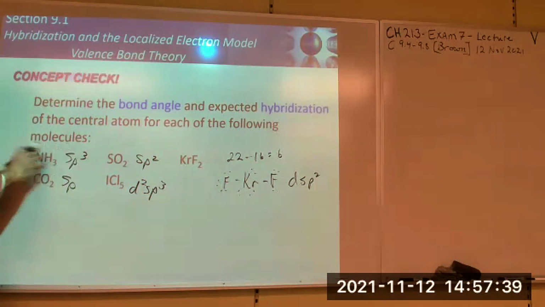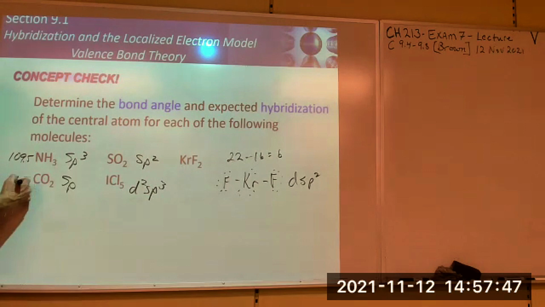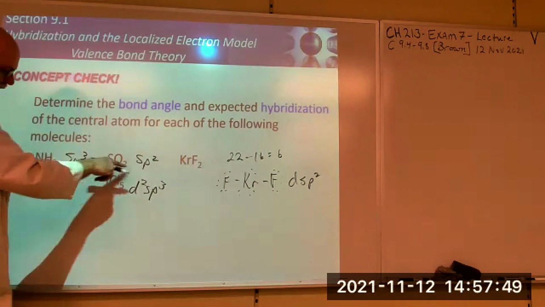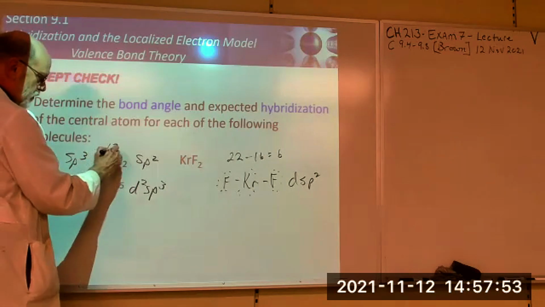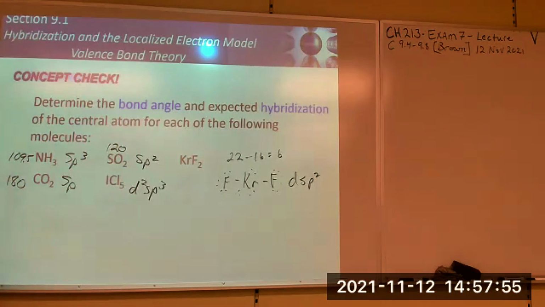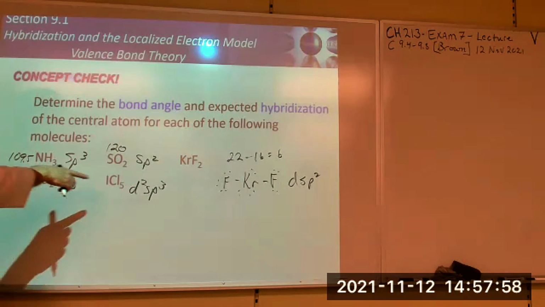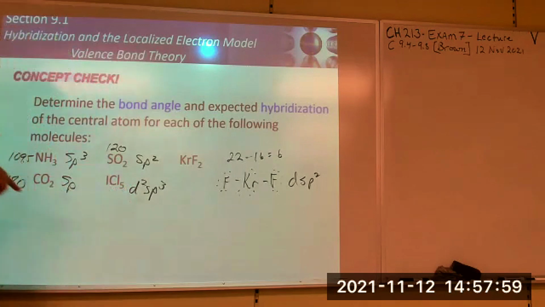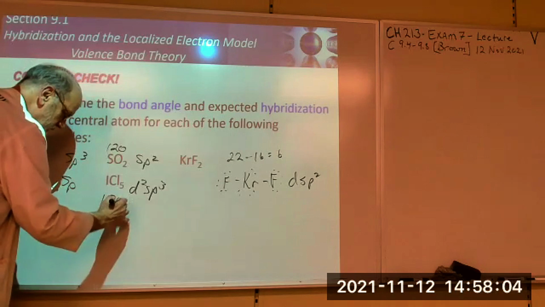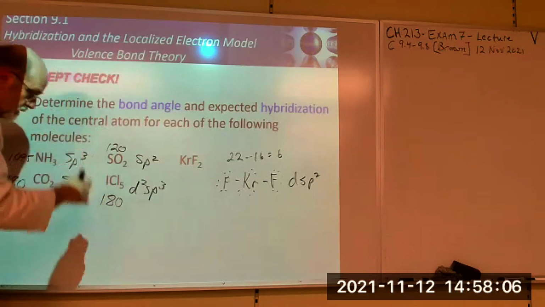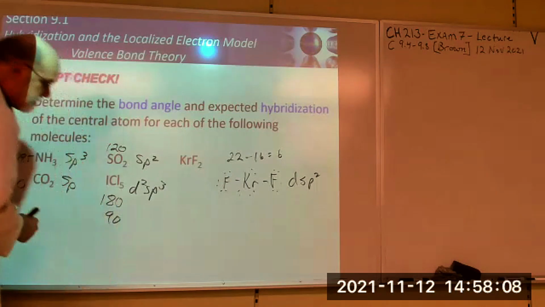This should all be 109.5. Or that's our starting point anyway. These are linear. This is only 180 degrees. sp2 is trigonal planar, so the bond angle should be 120 degrees. Right. This one is d2sp3, which is octahedral. So you've got 180 and 90. That's it.